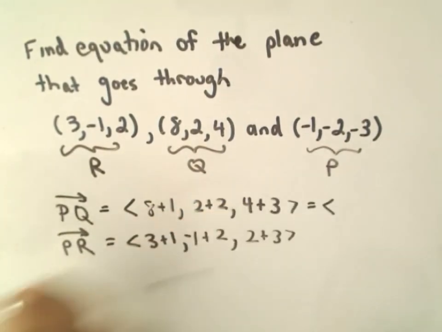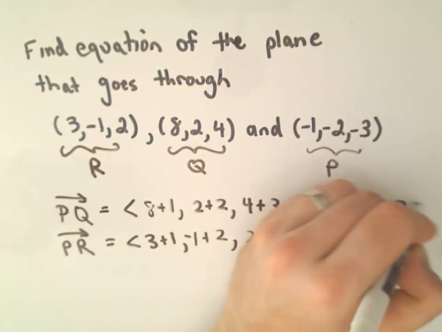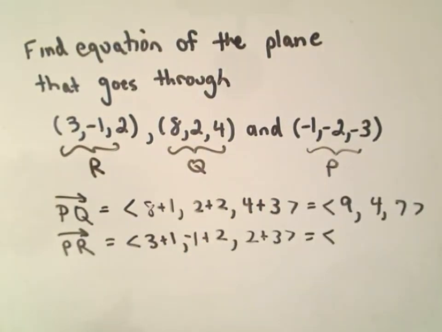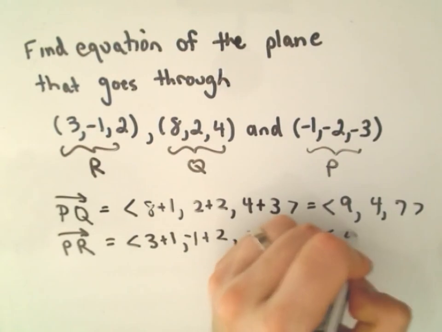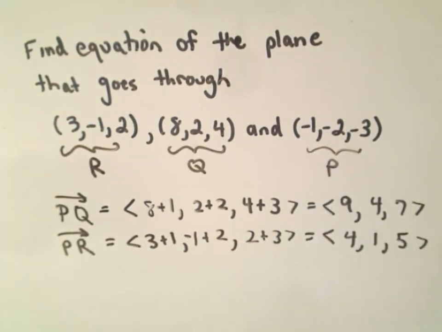So if we simplify, our vectors are going to be 9, 4, and 7, and the components of our other vector will be 4, 1, and 5. Well, why am I finding 2 vectors in the plane when we said all we need is 1 vector in the plane? Remember, if we can find 2 vectors in the plane, their cross product is going to be perpendicular.